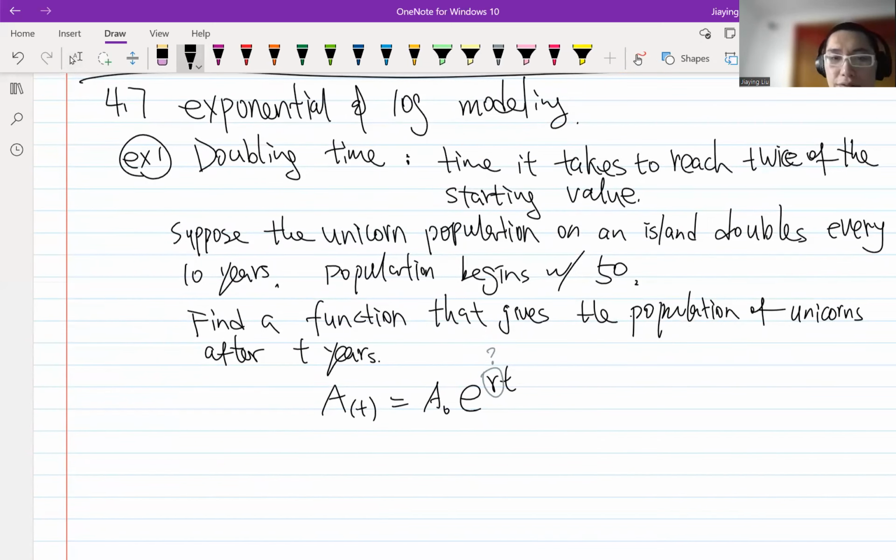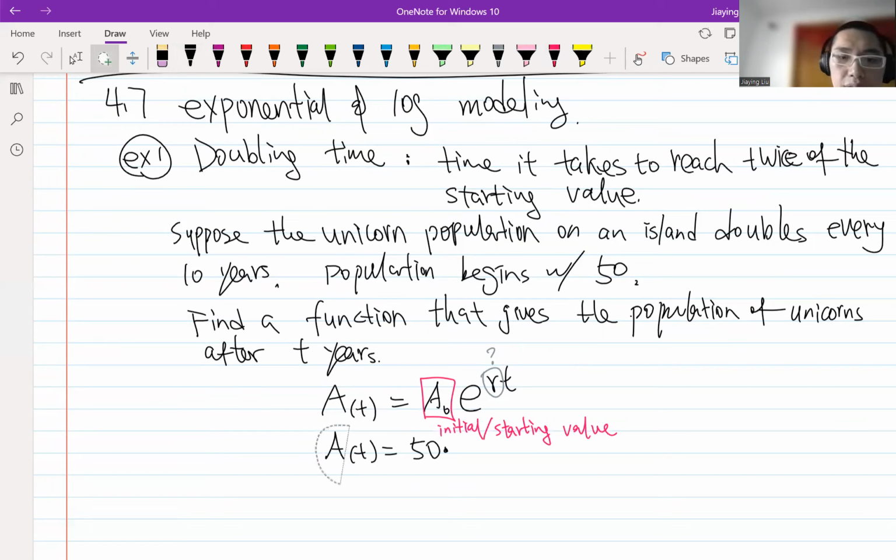We're starting at 50, so we can put 50 into this equation first. Remember A of 0 is the y-intercept, the initial or starting value. So we get A of t equals 50 times e to the rt.